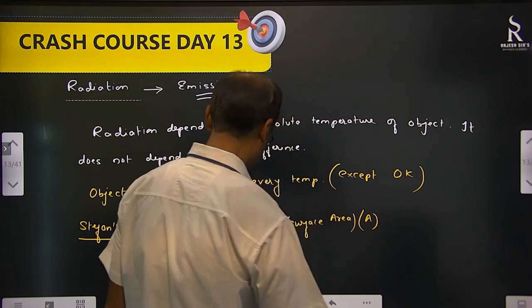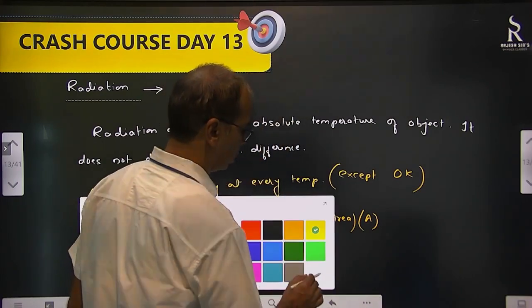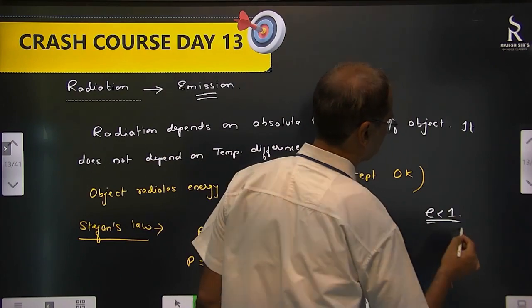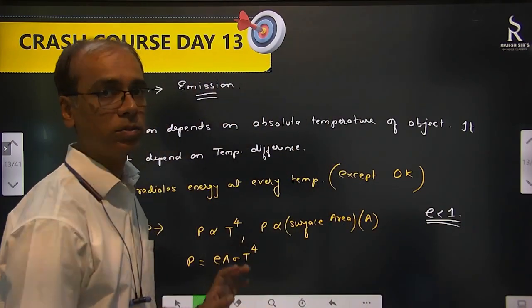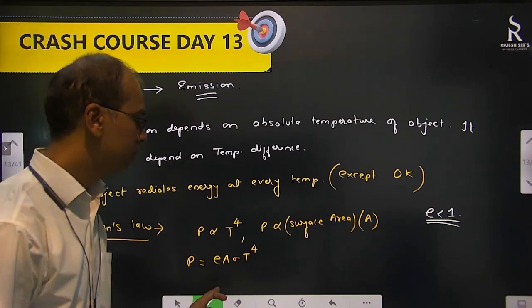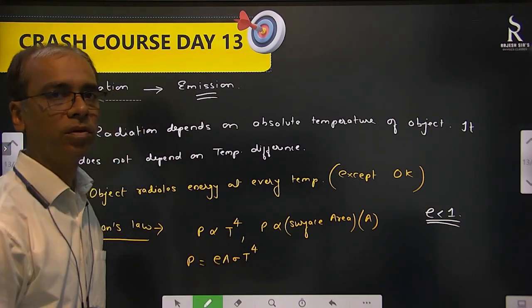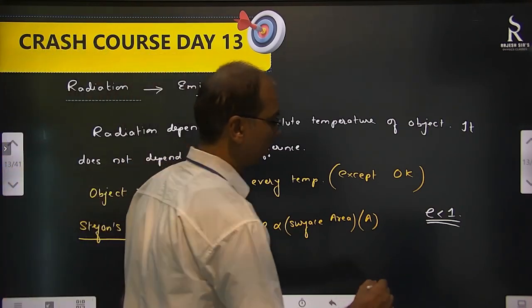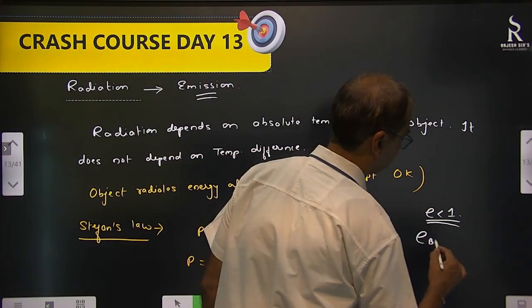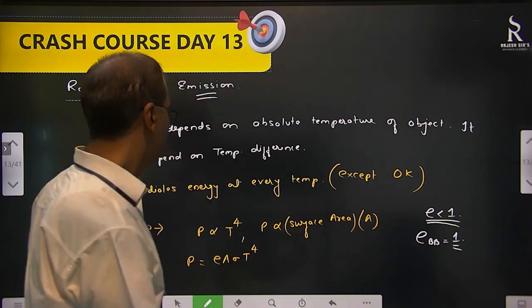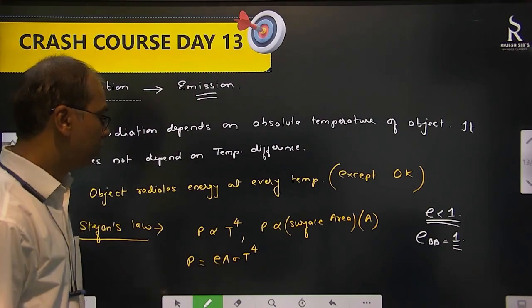Emissivity's value is always less than 1 because it's not for a black body. For a black body E is 1, so for a black body we'll write this formula as A sigma T to the power 4. That also I'll write over here. E for black body is 1. So E A sigma T to the power 4.